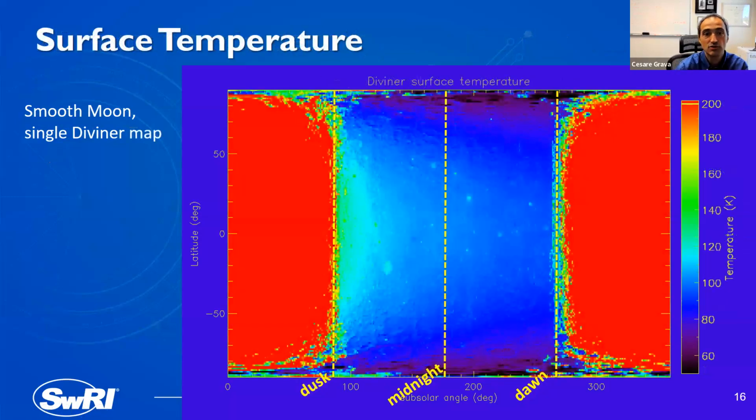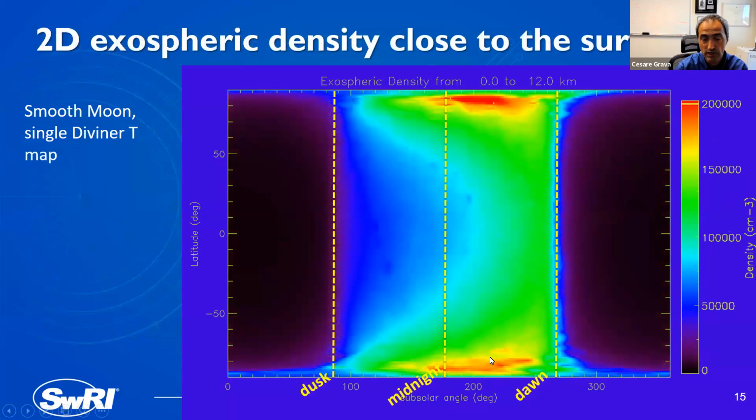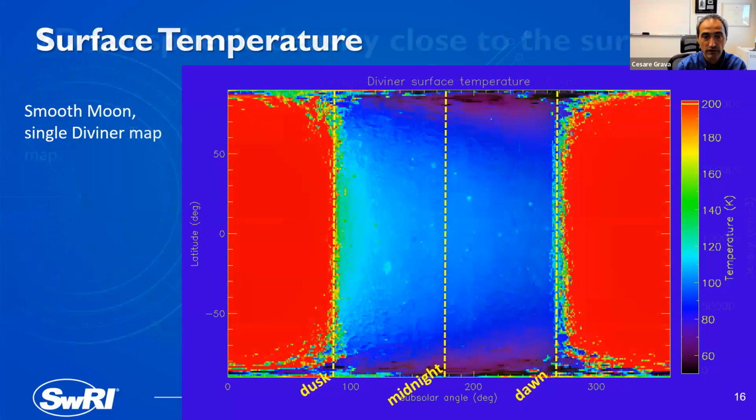If you look at the temperature, this is why. These are very, very cold regions. You see these black spots here and here. So that is why the neon exosphere density increases there.